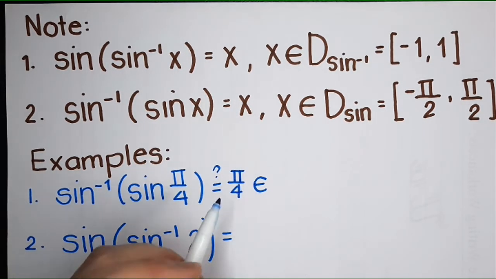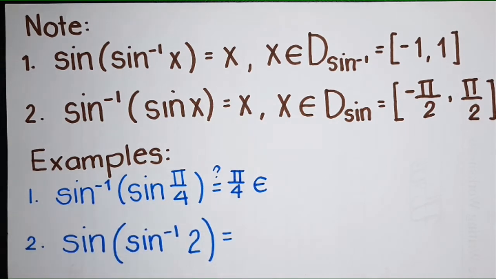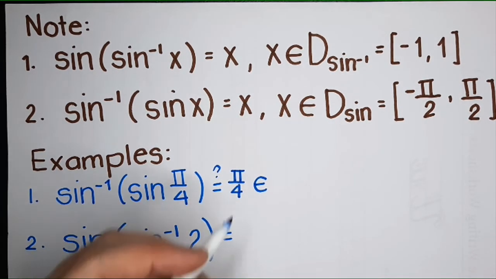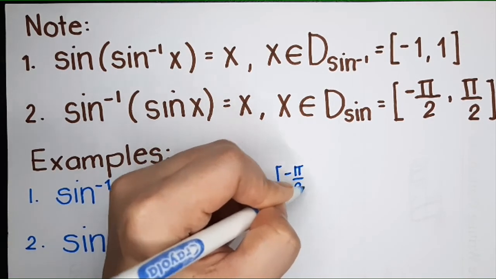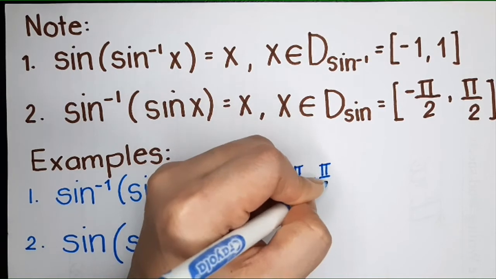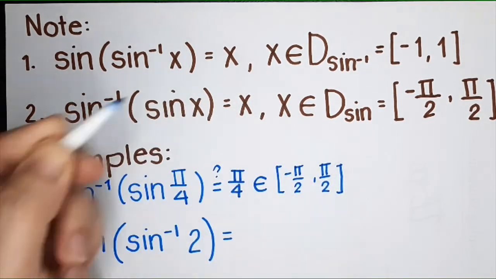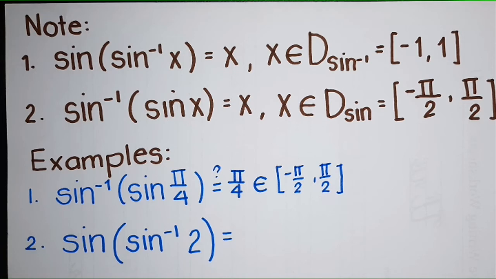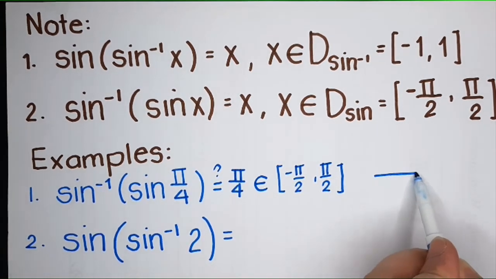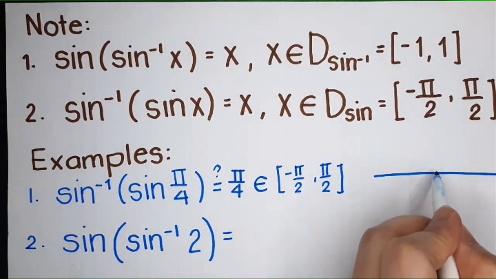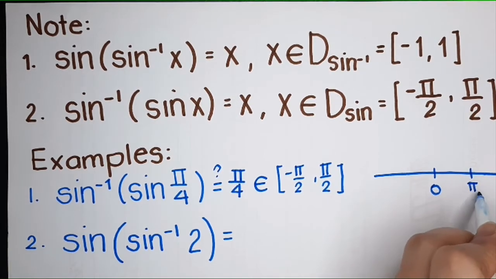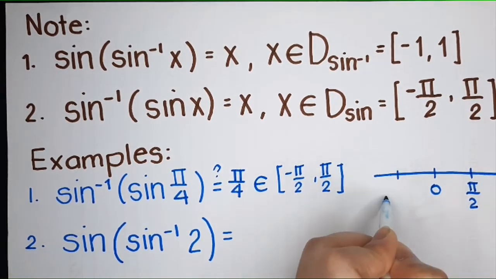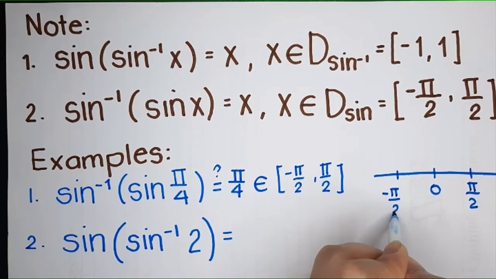You have to check if pi over 4 is in the domain of sine. What is the domain of sine? Negative pi over 2 to pi over 2. Okay? Nandyan kaya siya? Okay? Ang ibig sabihin nito, you can draw a line. Okay? If this is 0, you can name it, this one is pi over 2, and this is the negative pi over 2.